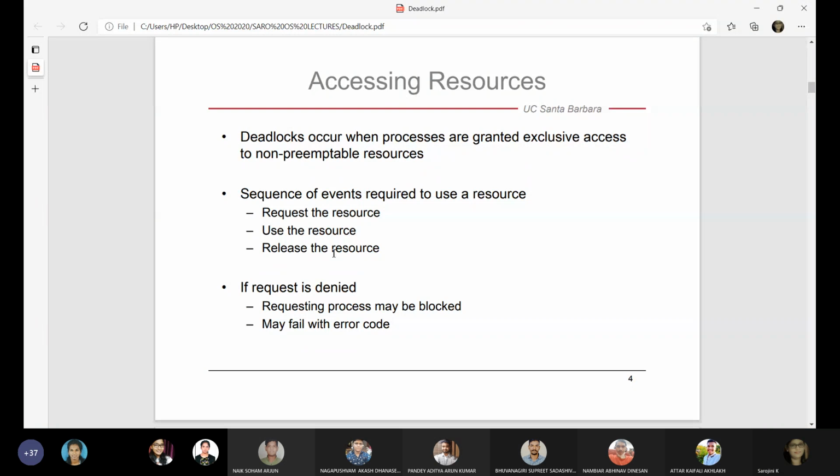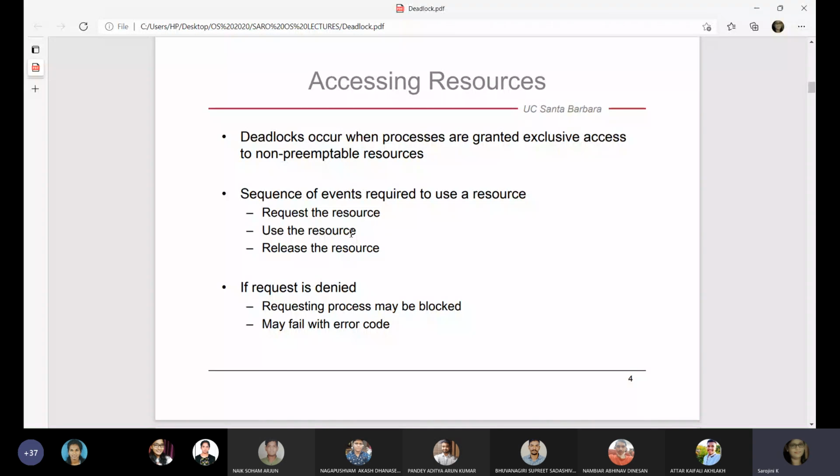Then in the next step, suppose the process is granted the request. Then the process will get the resource to use. Using the resource, the process will complete the task. That is, use the resource: for whatever purpose it requested the resource, it will complete that task.